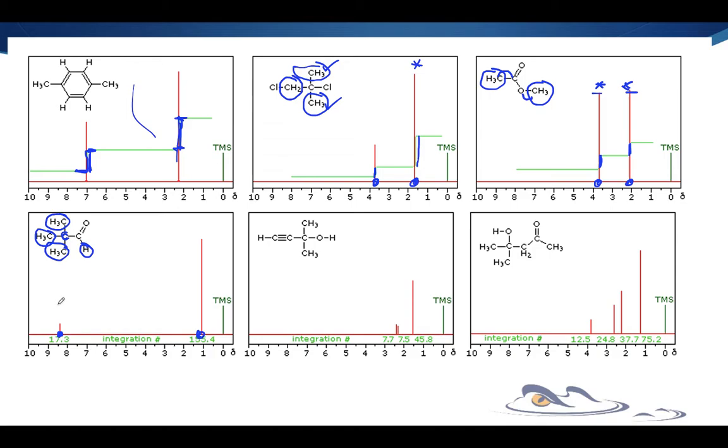And it also is saying to me, hey, I have a lot of hydrogens in one environment and not many in the other environment. And you'll see here that I have 9 hydrogens in this environment and only 1 hydrogen in that environment. So with this one, they actually put an integration number down here. You see that? So these are the relative numbers that I'm talking to you about.